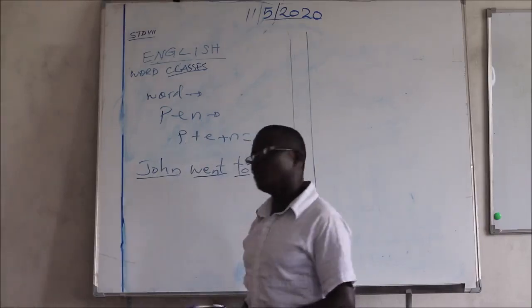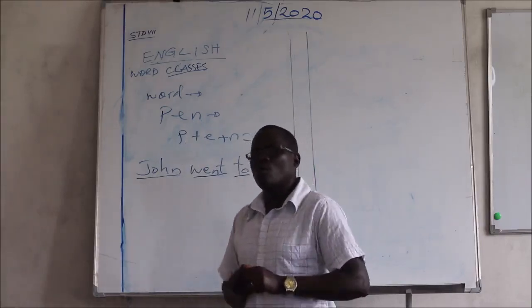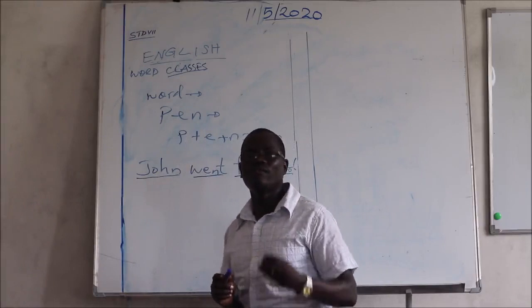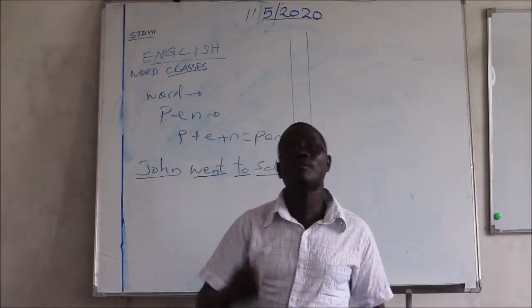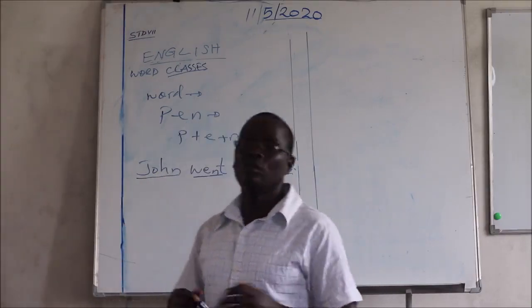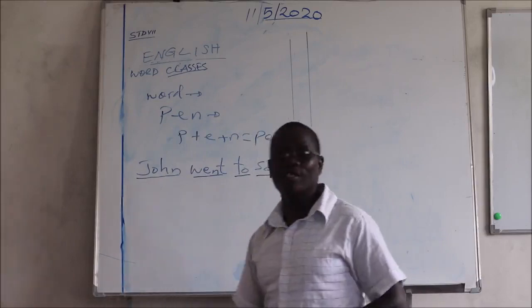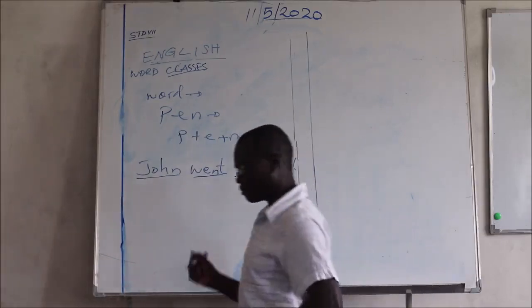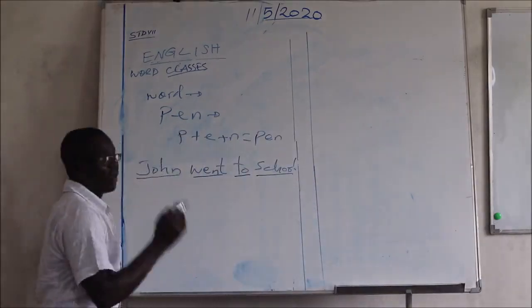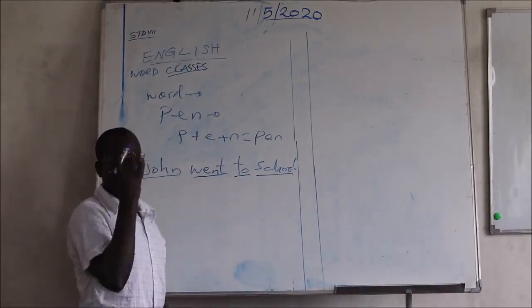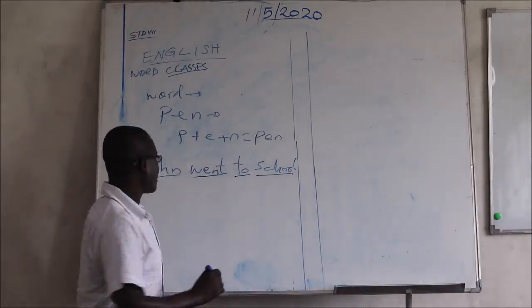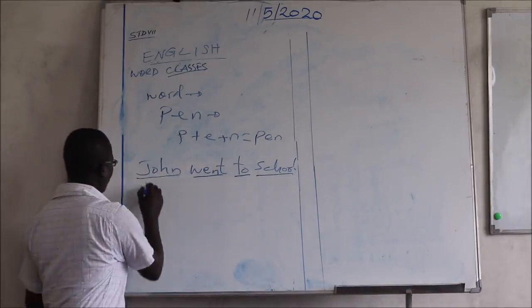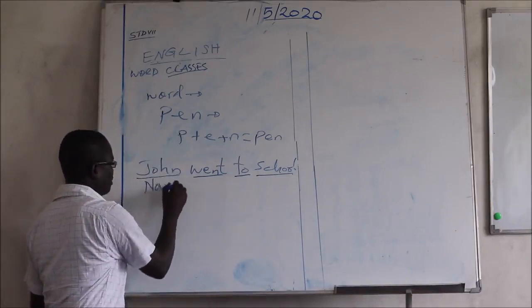Now, if the word John gives a name to a person, which word do we use to name the word that gives names to people? This word is specifically known as a noun.